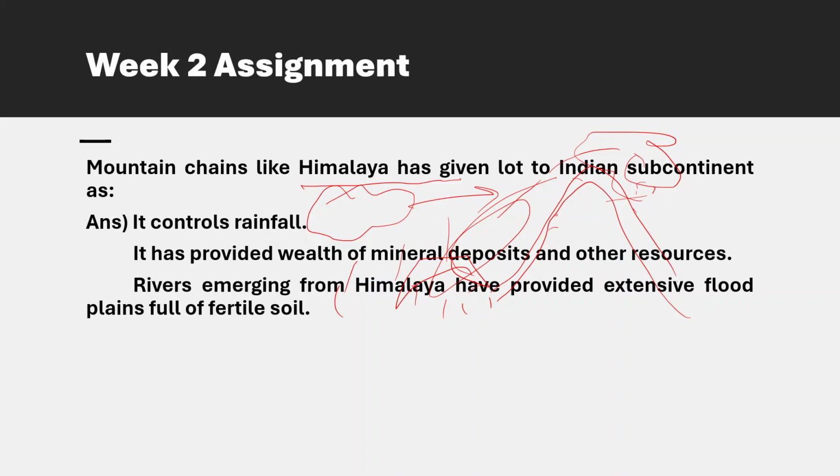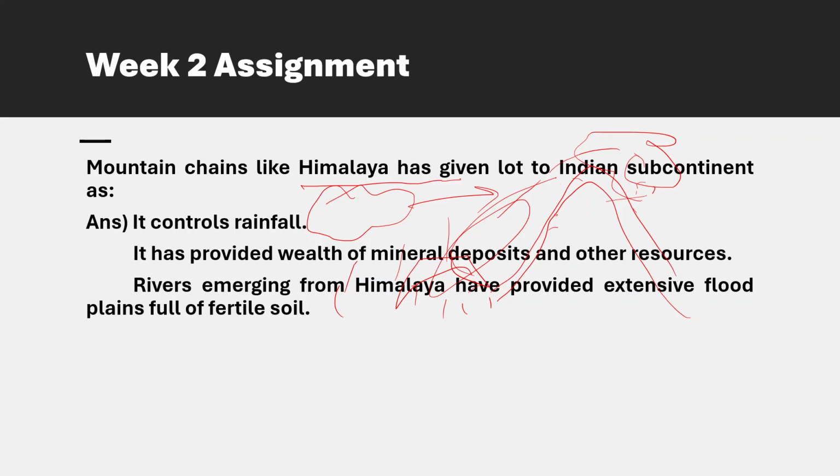As a result, you can do agriculture, you have fertile soil there, and you also have access to water. That's why such regions are more populated when compared to other areas.